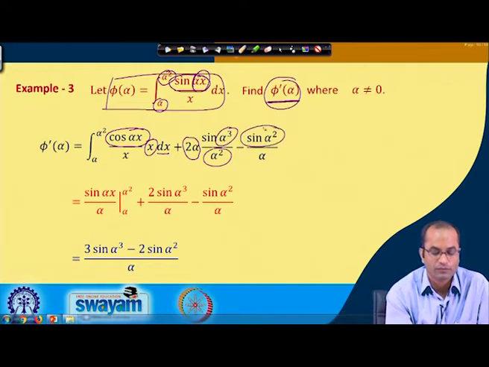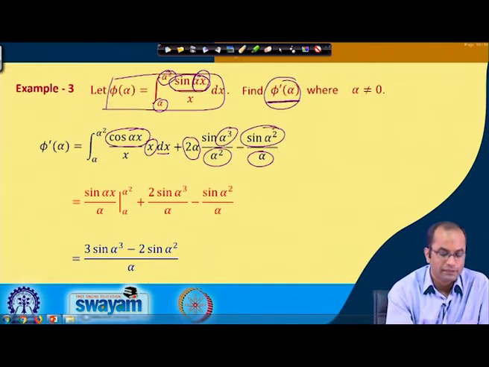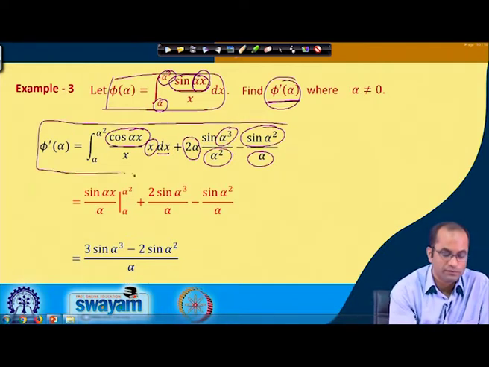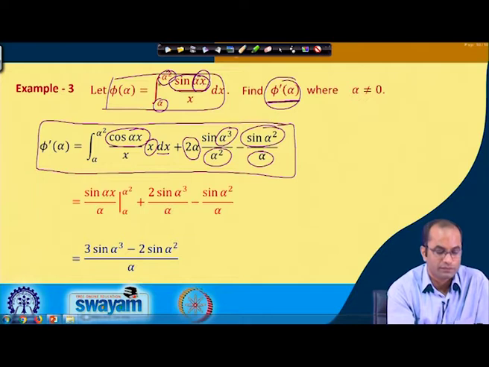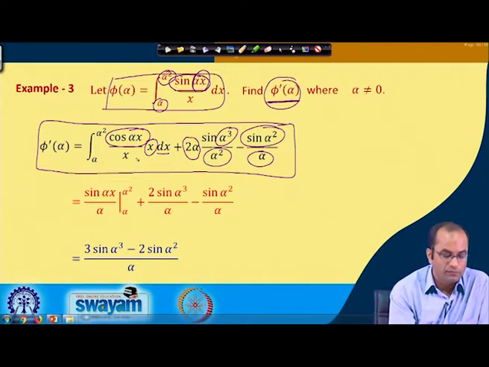So, sin alpha square and then here alpha. So, we have applied this Leibniz rule to this integral, and now here this x gets cancelled and we have this cos alpha x term.